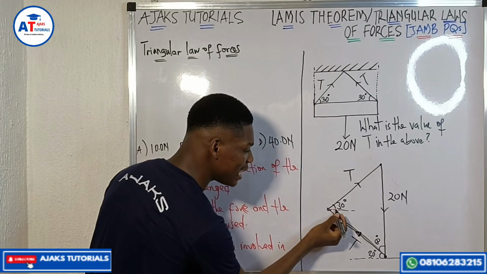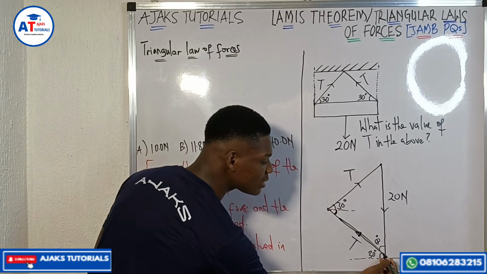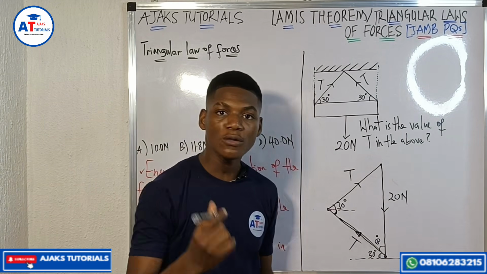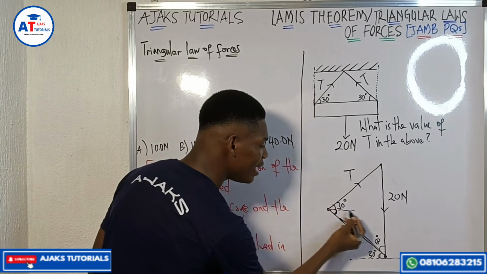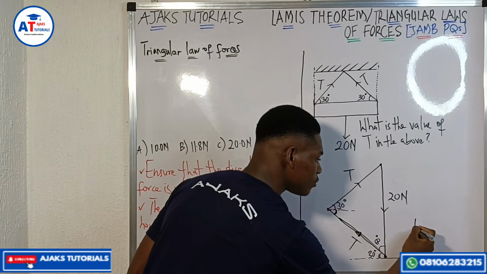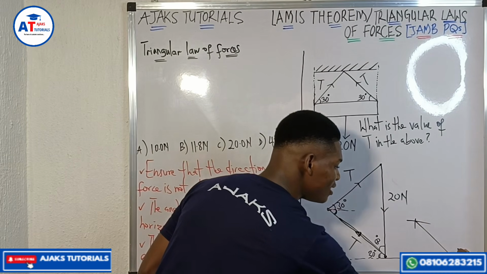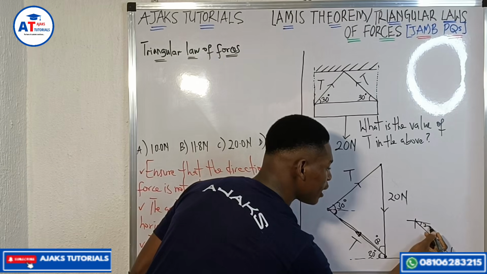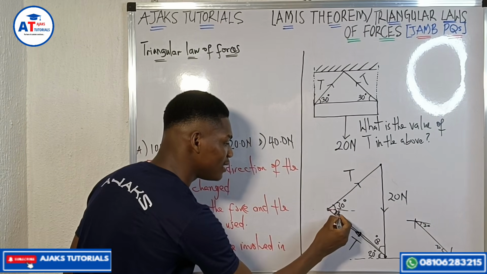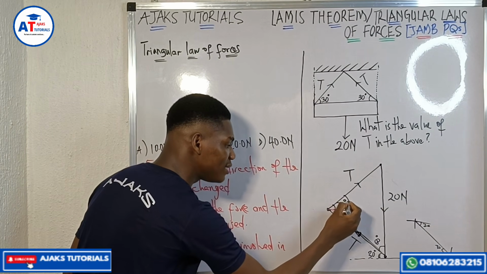This place is 30 because this is alternate to this. Alternating angles are equal. So this one is alternate to this one. So this is the 30 and is equal to here. So that's why here is 30. And that's why everything here will be what? 60.